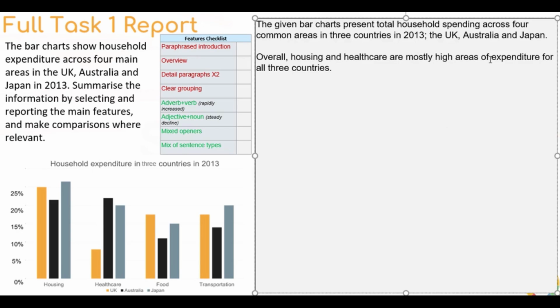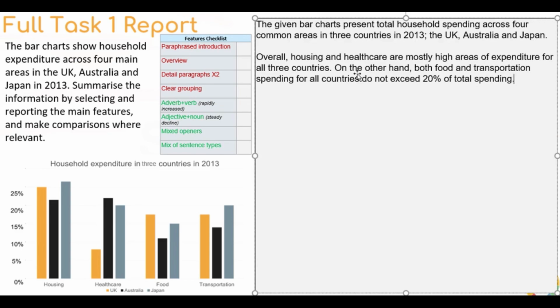On the other hand, both food and transportation, most food and transportation spending for all countries do not exceed 20% of total spending.